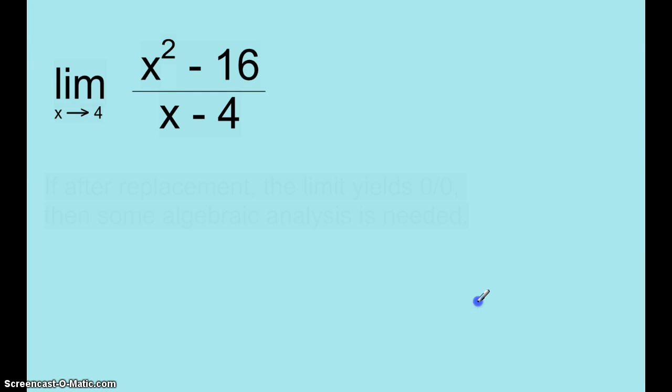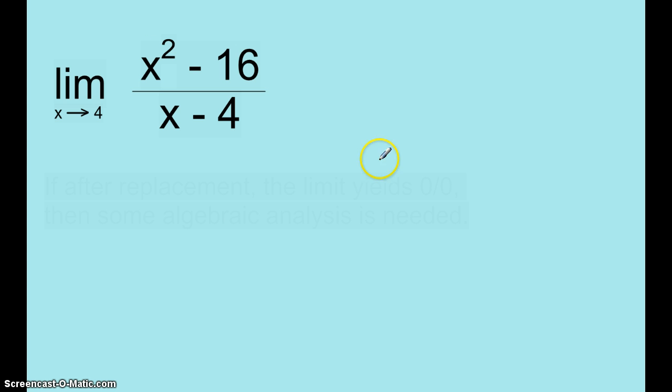Alright, the limit as x approaches 4 of x squared minus 16 all over x plus 4. When we replace with 4, we end up with 0 over 0. Not cool. So what we want to do instead is to see if we can simplify that expression before we replace.